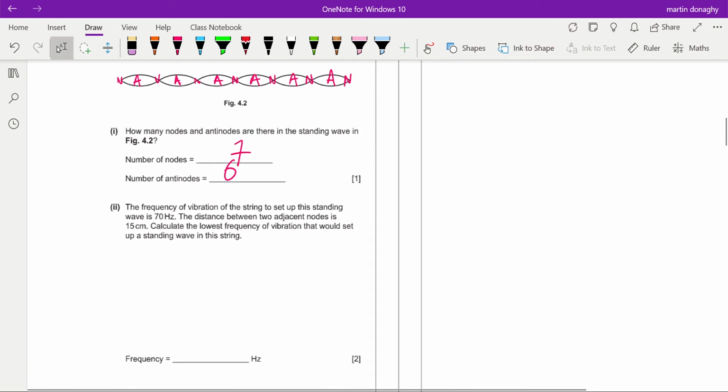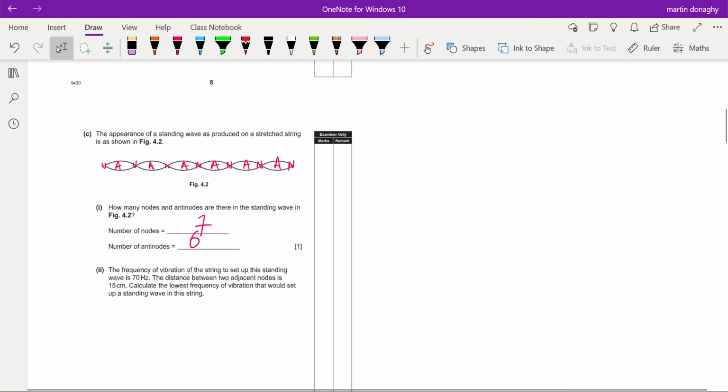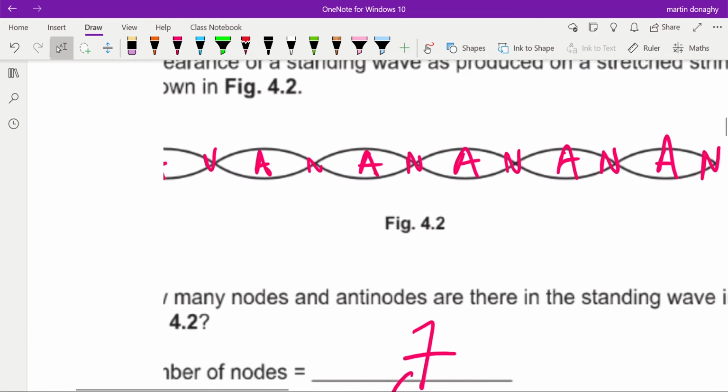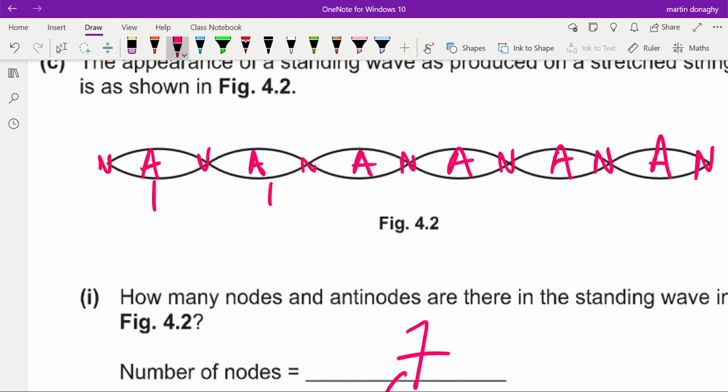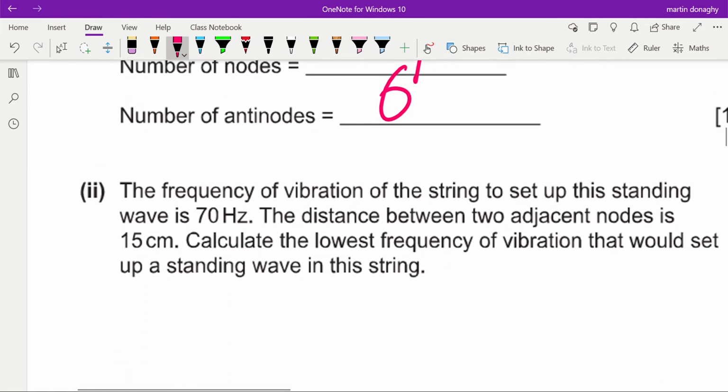The frequency of vibration of the string when the standing wave is set up is 70 Hz. The distance between two adjacent nodes is 15 centimeters. Calculate the lowest frequency of vibration that would set up a standing wave on this string. So what we're saying is that on this diagram, between there and there, nodes or antinodes doesn't really matter because it'll be the same.